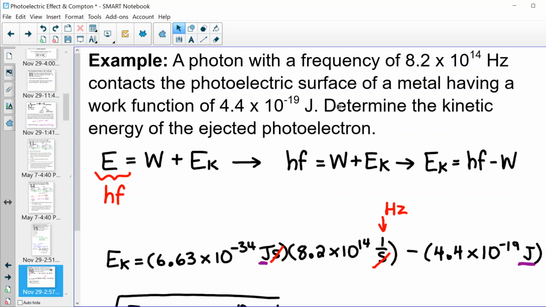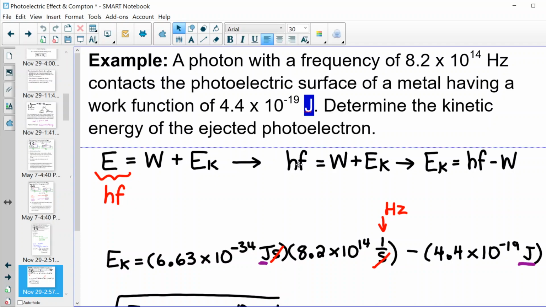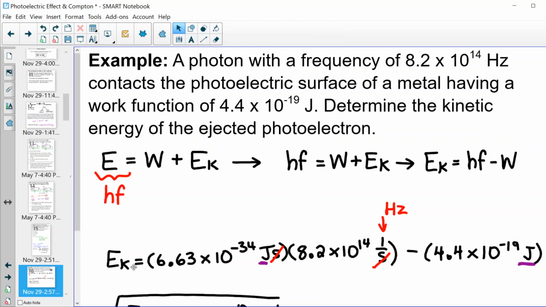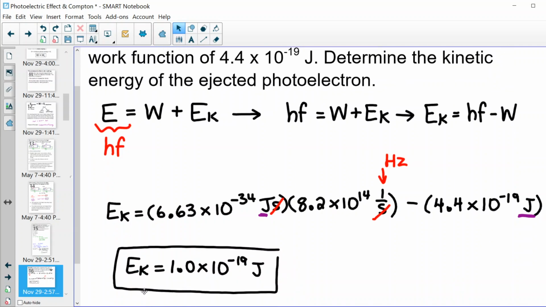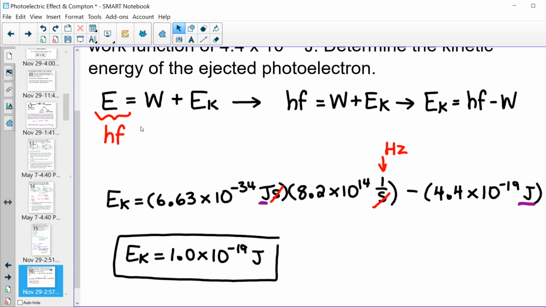Because they're giving me the work function in joules, I want to work in joules everywhere in the question. So where I plugged in Planck's constant, I used the version with joules in the units. So there's my work, and for my kinetic energy, I got 1.0 times 10 to the negative 19 joules.